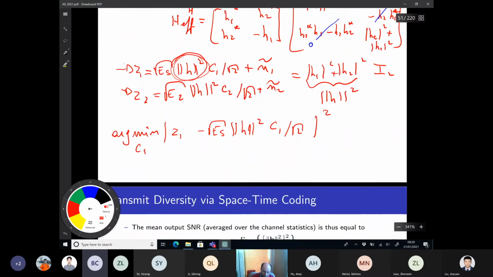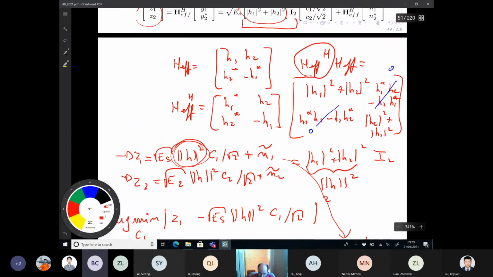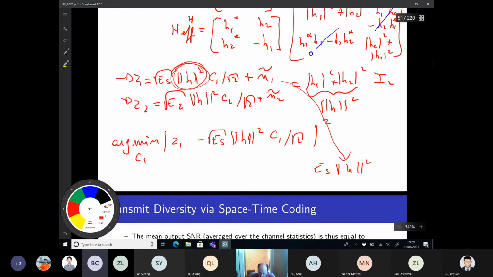So you can compute the SINR, right? After this processing, I have ES norm of H squared divided by the noise variance. So actually you're going to have a square here. If you compute this, you're going to have something that is a function of H1 and H2.